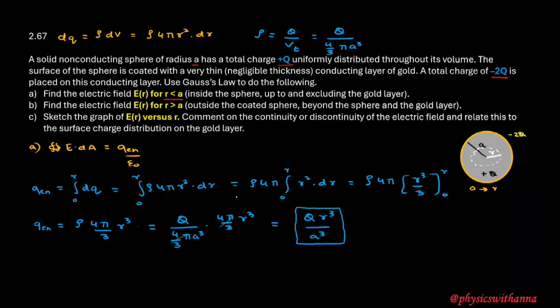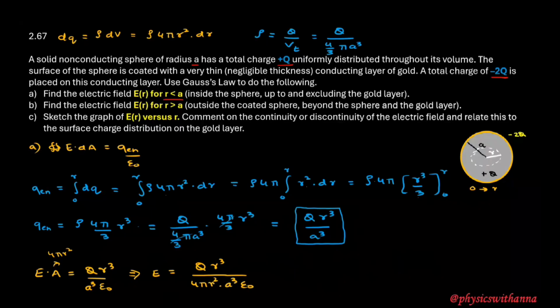Now we can use this value of charge enclosed in our first equation of Gauss's law. So let's substitute this in Gauss's law. Integral E dot dA I can write as just E into A equals charge enclosed, which is Q r cubed over A cubed into epsilon naught. Then to find E, we divide by the area. Surface area of the sphere is 4 pi r squared. So I write E equals Q r cubed divided by the area 4 pi r squared into A cubed epsilon naught.